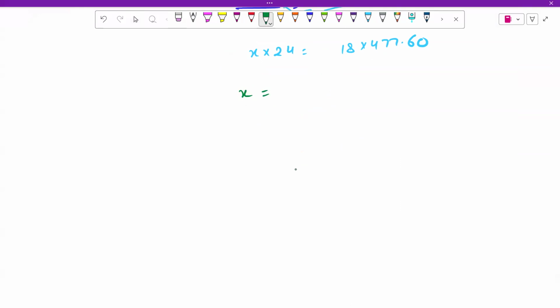24X, that is correct. We want to find only X. So we want to isolate X. So what will happen to 24? We divide by 24. So what will we write here on the right side?